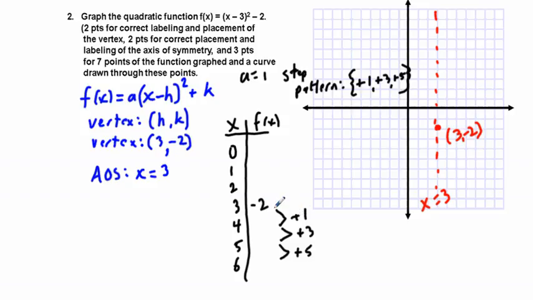So negative 2 plus 1 is going to be negative 1. Negative 1 plus 3 is 2. And 2 plus 5 is 7.